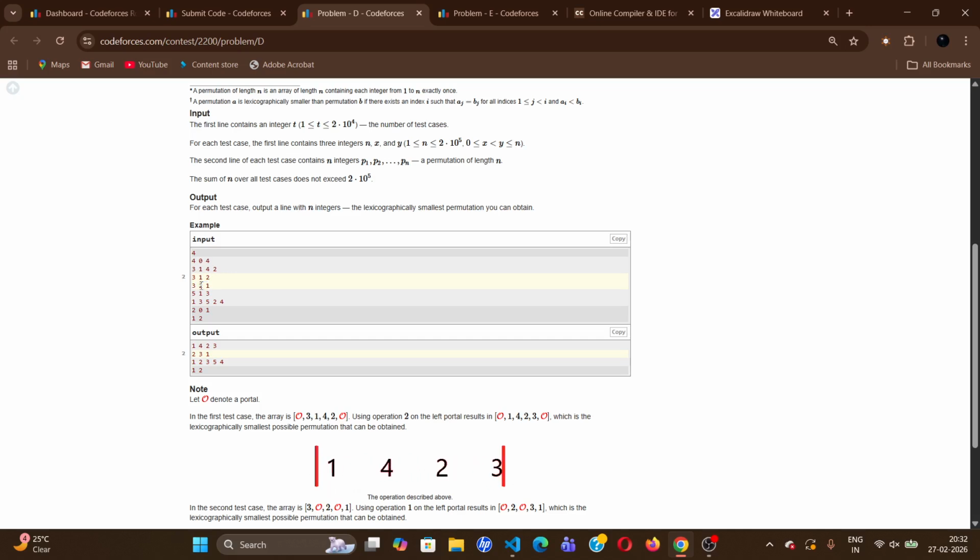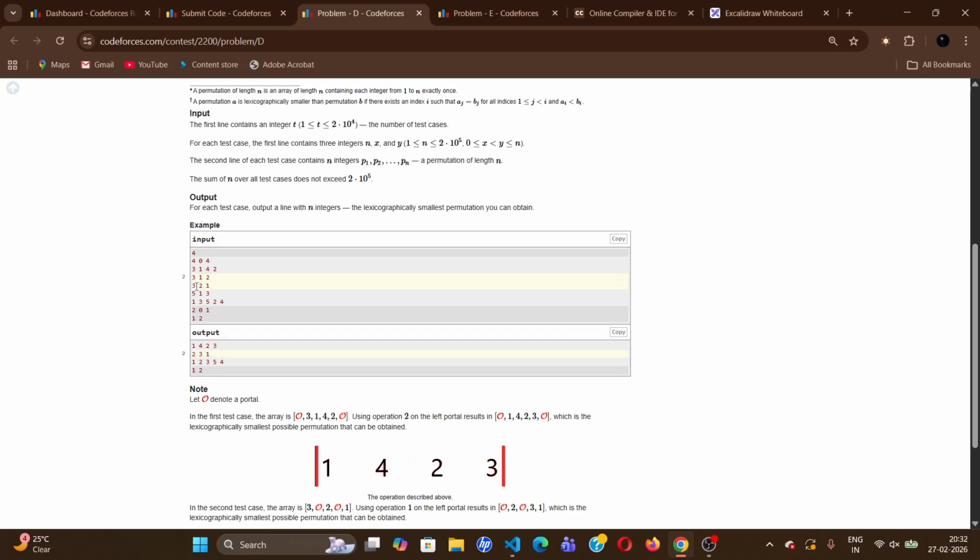Okay, 1 from here, right here, that will be 3 1 2. Or it will go from here to here, it will be 2 1 3.